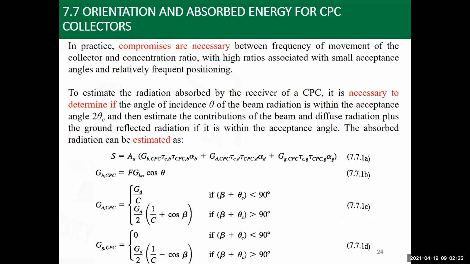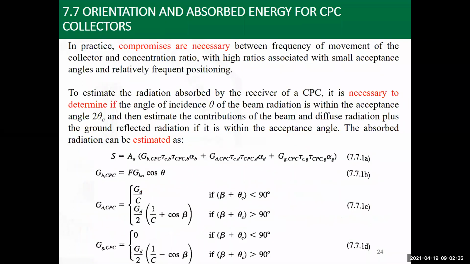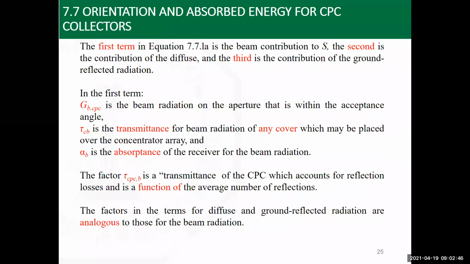If it is not within the angle, then the value of F would be equal to 0, as we'll be seeing in the next figures. Then the values of tau CB, tau CPC, and alpha are properties of the surface that are going to be determined according to the next slide.